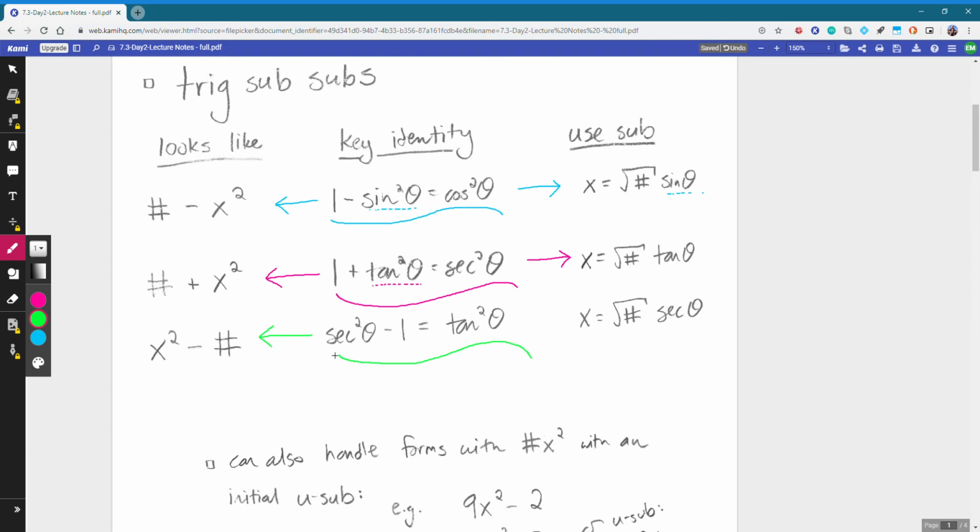The idea is we want to make a secant up here where our x was, and so we can handle that with this substitution, again with our scaling chosen so that when it gets squared, we match this number and can then pull out that common factor.